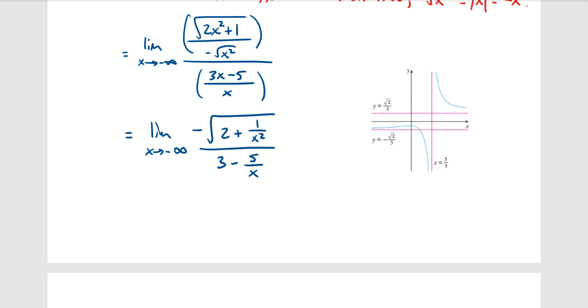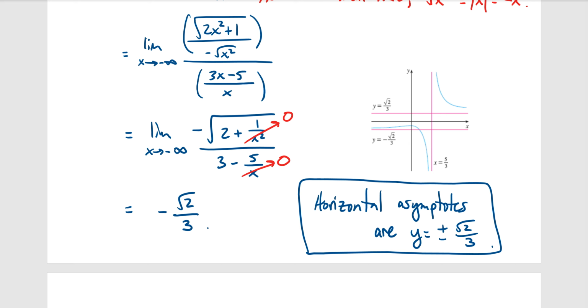In that denominator, same thing as the other one. We can see that we're going to be getting essentially the same exact thing, but a negative answer. Negative square root of 2 over 3. So we just found our horizontal asymptotes are plus or minus radical 2 over 3, which you can actually see here in the graph. So let's do the vertical asymptote.